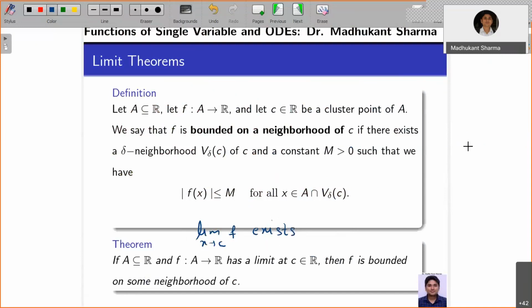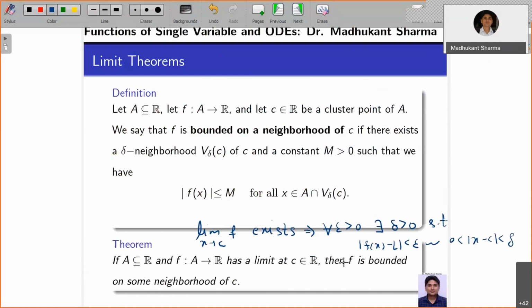It's very interesting. Whenever limit x tends to c of f exists, it means what? For every epsilon, there exists delta greater than 0 such that |f(x) - L| is less than epsilon whenever 0 < |x - c| < delta.